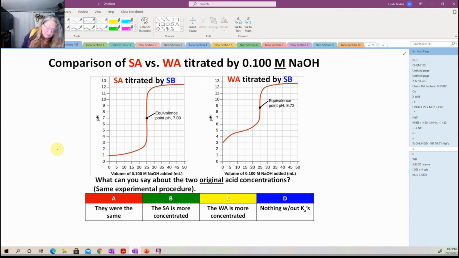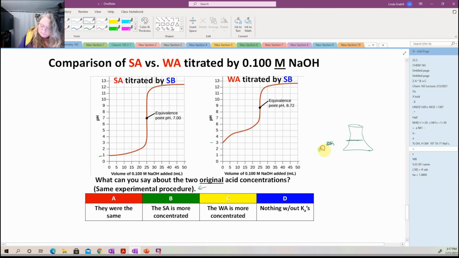Okay, so the key word here, actually there's a couple key words, is that my experimental procedure is the same. So what that means is that I'm going to have my flask, and I can't draw flasks. So my little flask. Well, that's not a bad flask. And if it's the same, then I'm going to put the same volume of my titrant in there. So my initial concentrations of, let's see, I'm definitely starting with an acid, a pH of 1 and a pH of 3. So say that this was our previous problem of 25 milliliters.